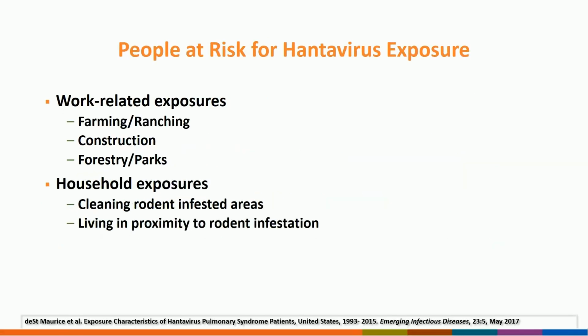People who are exposed to rodents or rodent excreta are the ones at greatest risk for exposure to hantavirus. This includes people working in the agriculture industry, like farmers and ranchers, construction workers, and those working in forestry and park service. People who clean rodent-infested areas or live near rodent infestations are also at risk for exposure.